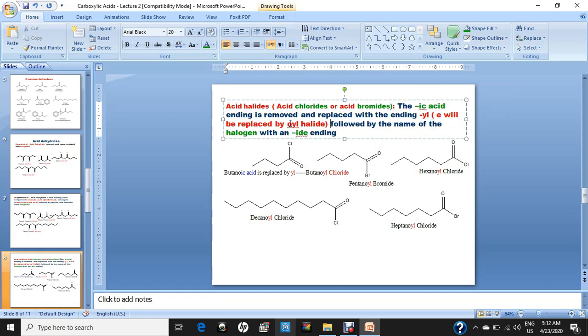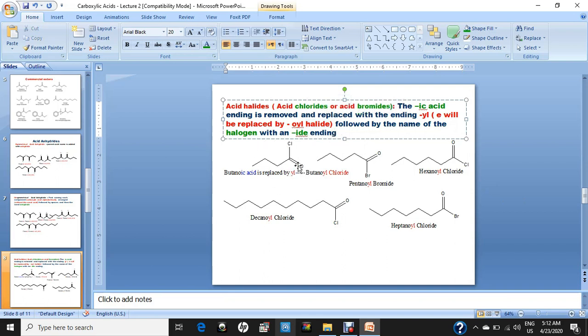This is simple. So acid halides, acid chlorides, acid bromides. The ic acid ending is removed and replaced with the ending yl. You can say E will be replaced by oyl halide. Halide means now chloride or bromide, followed by the name of the halogen with an ide ending.